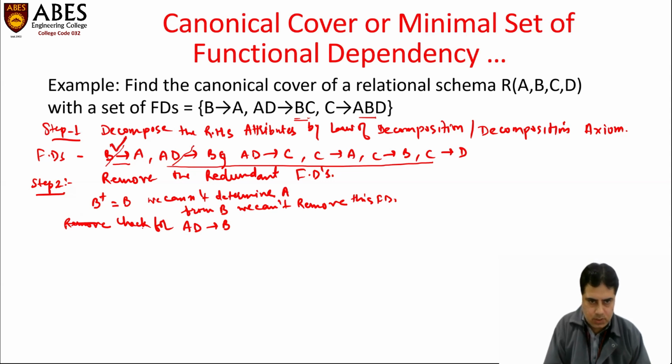Now take the closure set of AD from the remaining functional dependencies. From AD, we can determine C; from C to A is already in the set; C to B we can determine, B to A already, C to D is already.